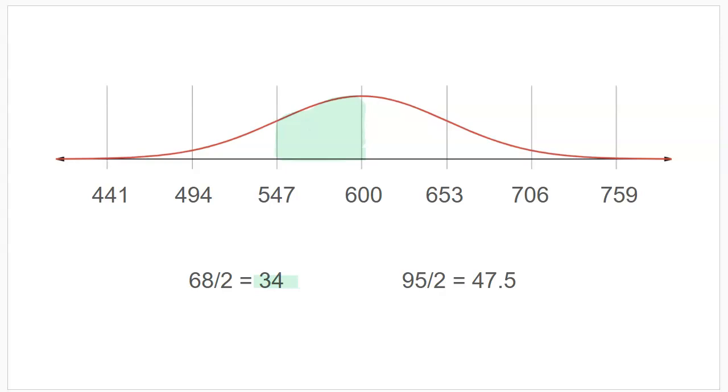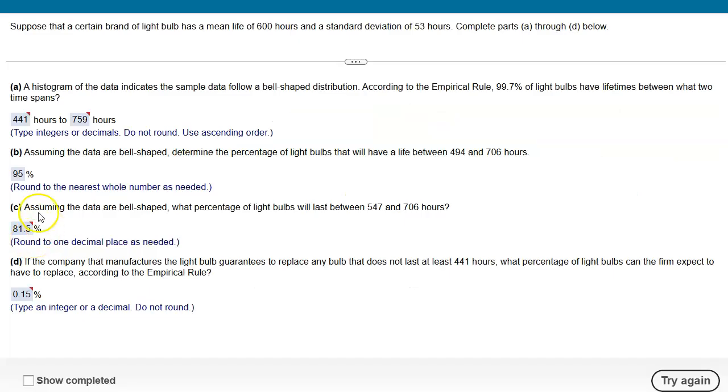So we could continue just to use the values 68, 95, 99.7 and the symmetry to determine that from 547 up to 706 would be 34 plus 47.5%. And when we add those values, that's also another way we could arrive at 81.5%.